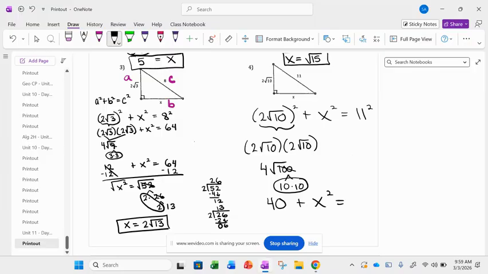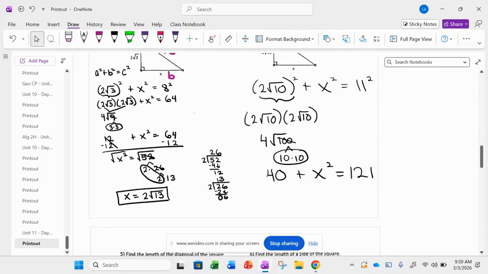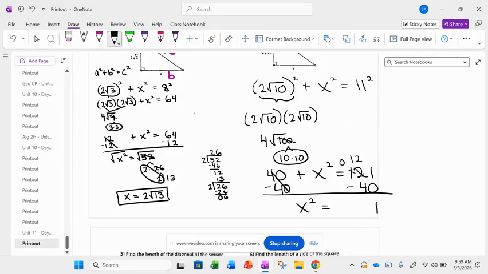Who remembered what does 11 squared equal? Excellent, 121. Now I can't square root until I subtract that 40. So I subtract 40 on both sides. Now I'm going to have x squared is equal to, 1 minus 0 is 1. I need to borrow here. So this becomes 12 minus 4 is 8.